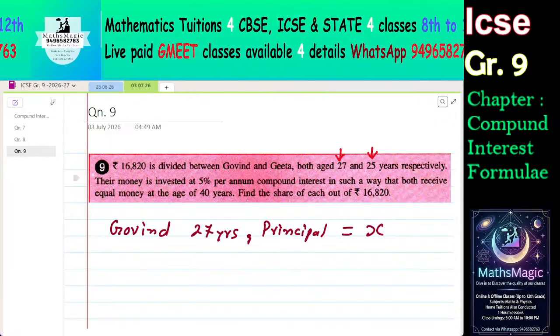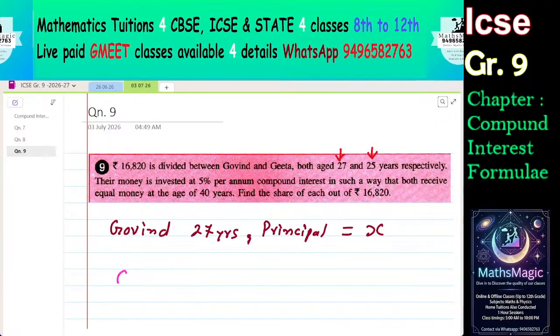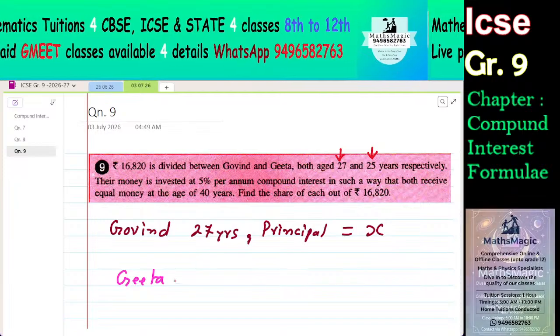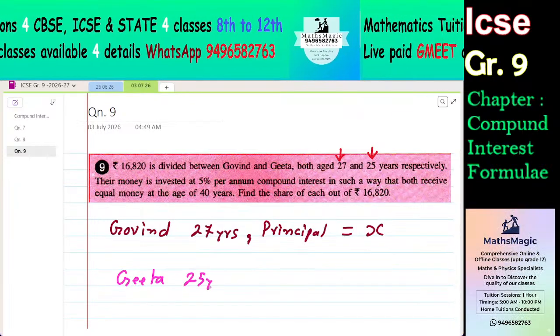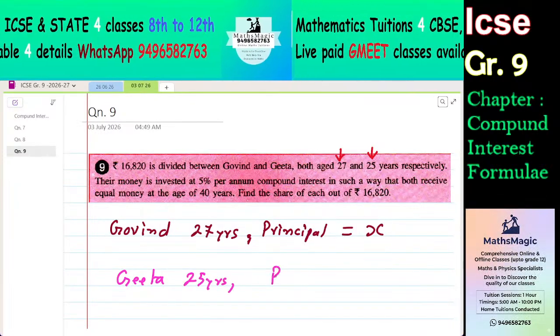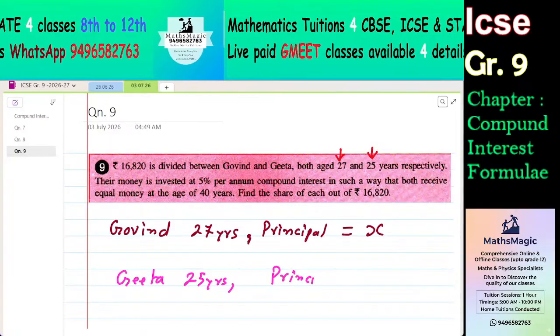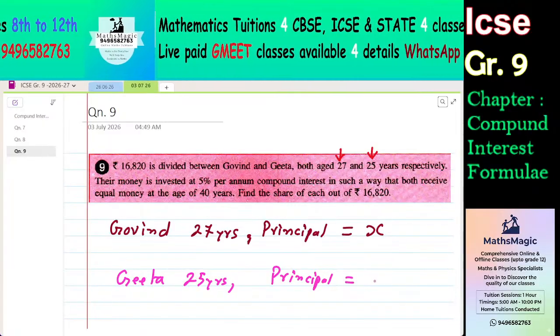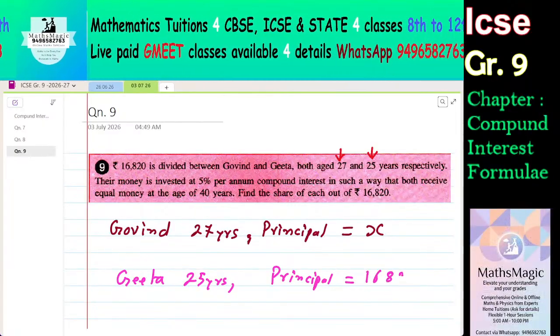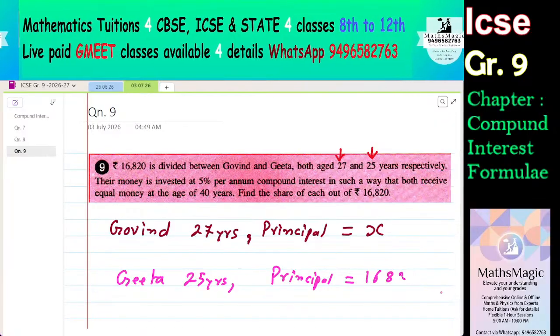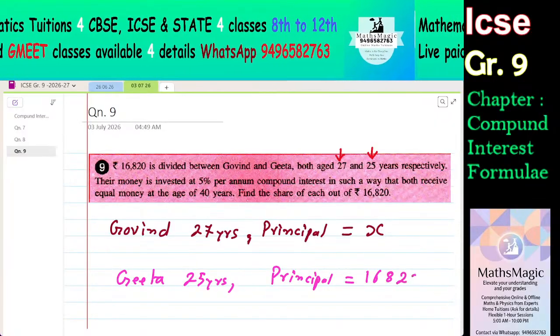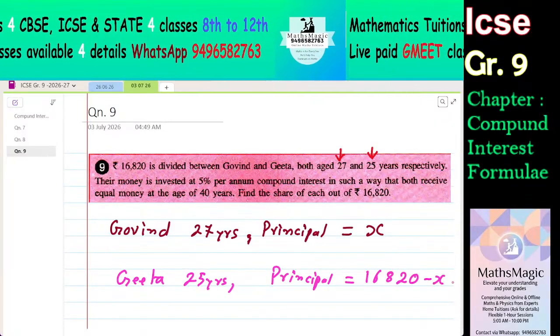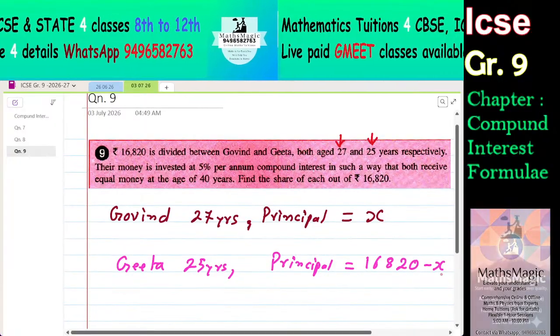And next one, it's Geeta, 25 years, and her principal is 16820 minus X.